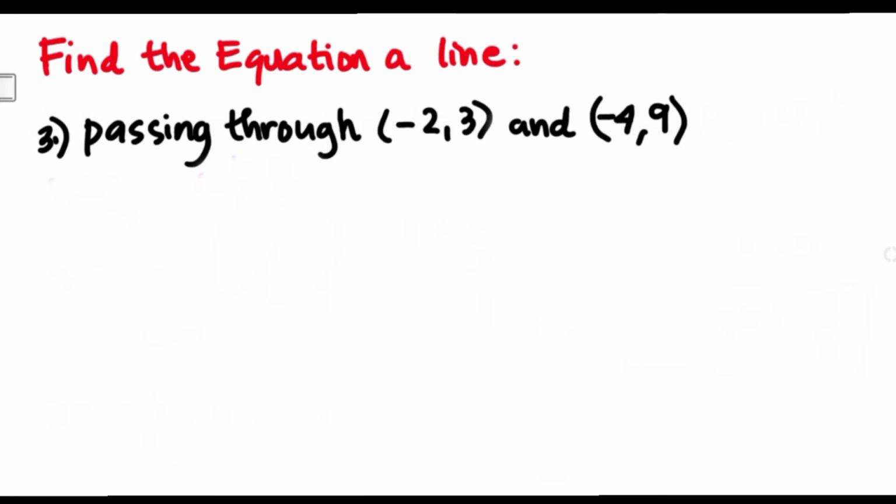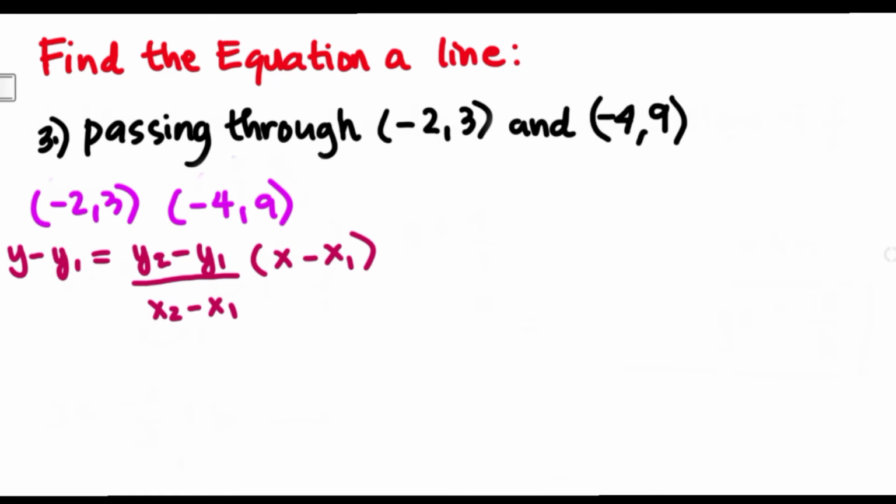Ngayon naman po is using 2 points naman. So, find the equation of a line that passes through negative 2, 3, and negative 4, 9. So, ang given is meron tayong dalawang points, that is negative 2, 3, and then yung isa naman is negative 4, 9.